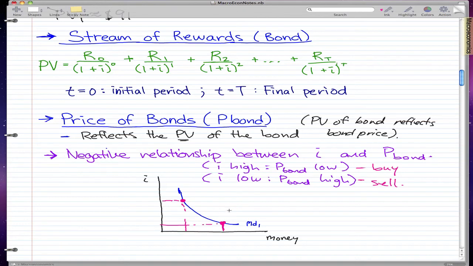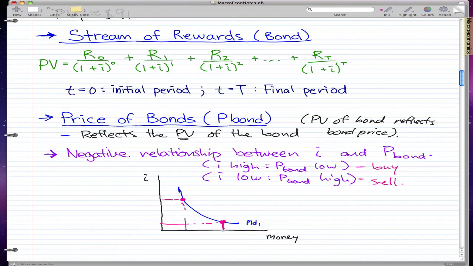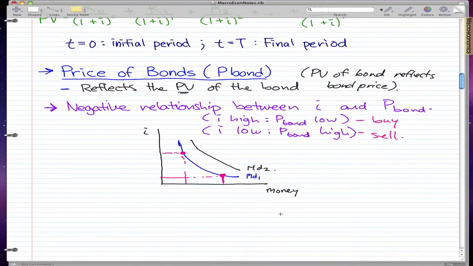That is the curve that I want to show you. The curve can also move, so it can move like here. Money demand can change, and we will go through that right now, and we might go into detail with it in some later videos.